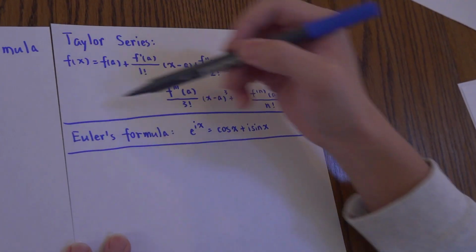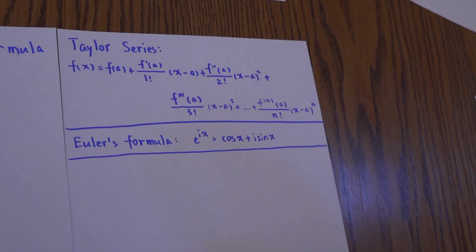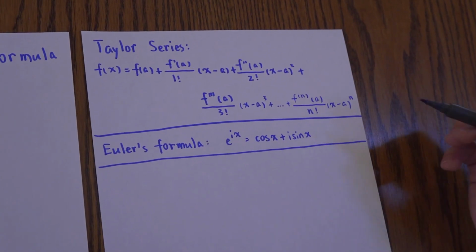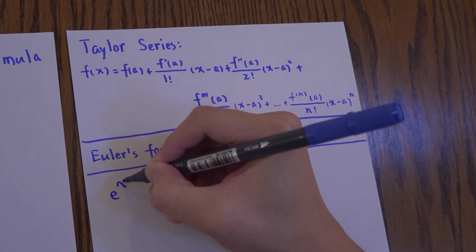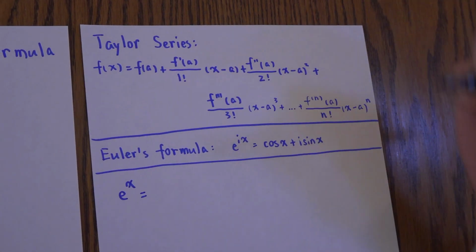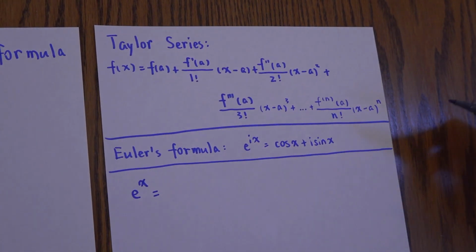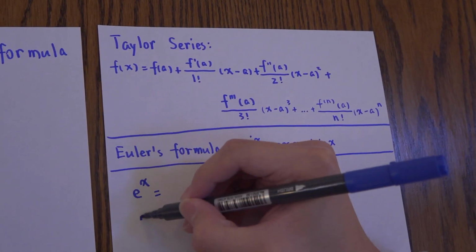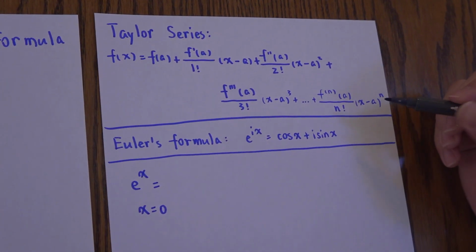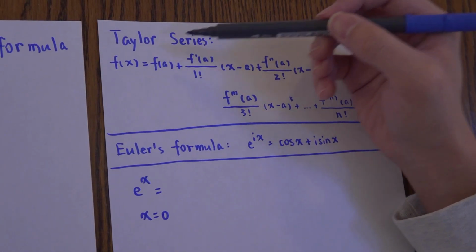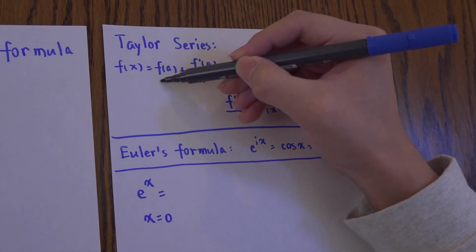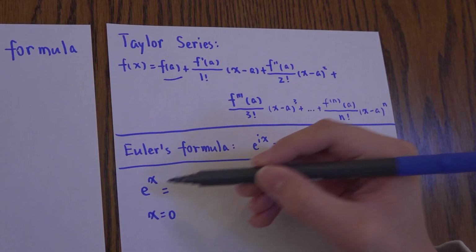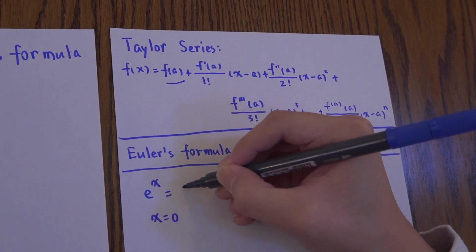I've already got the Taylor series written out for you. Now why don't we start to plug in some values. But first, let's figure out what the Taylor series would be for e to the x power. Looking at the Taylor series, this is when x equals 0. The first term is just f of 0, which is 1.